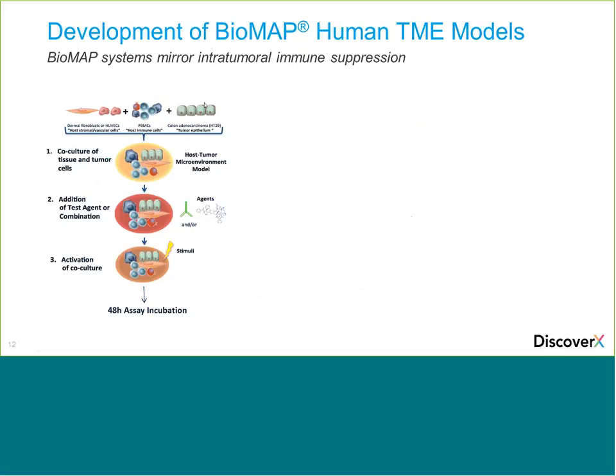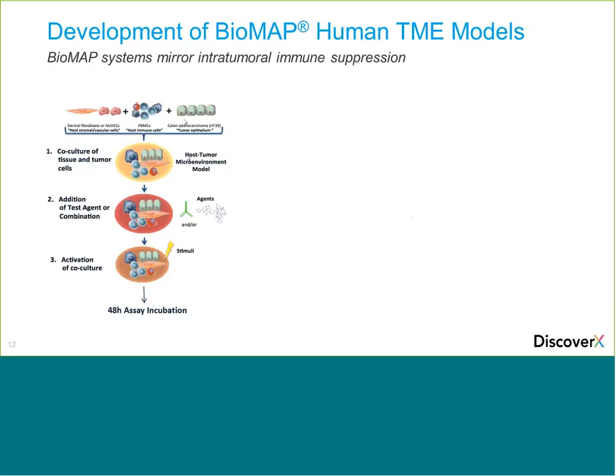In this case, I'm going to show you data with the HT29 human colorectal adenocarcinoma cell line. However, we've also developed a similar model with the non-small cell lung cancer cell line and are developing further models for other types of tumors and tumor microenvironments.